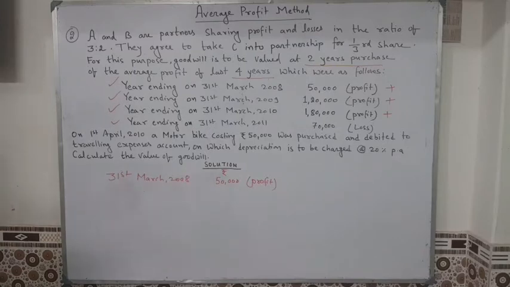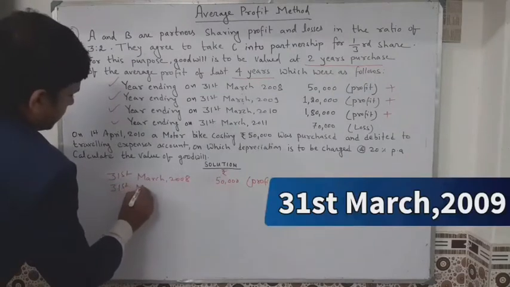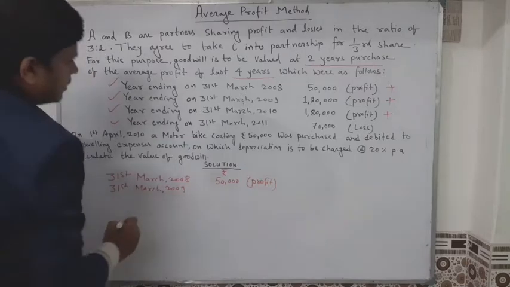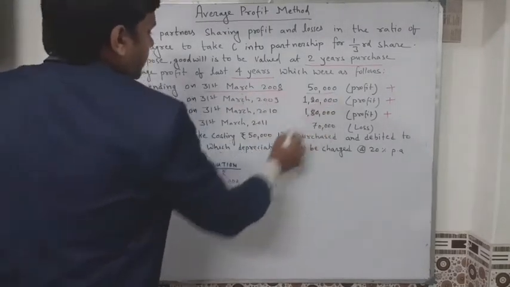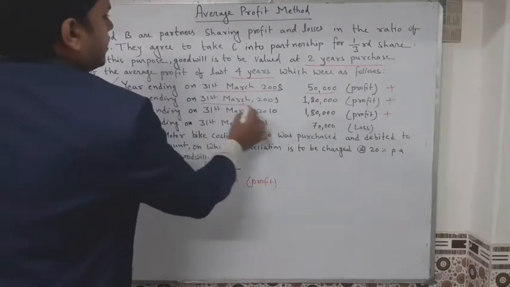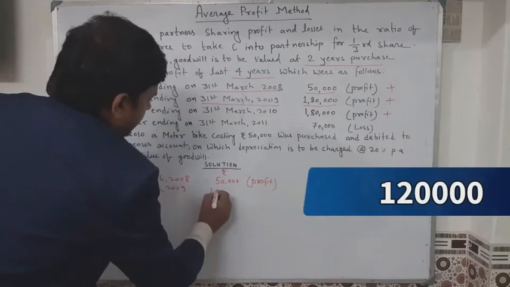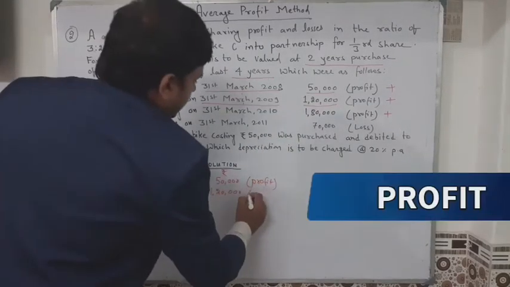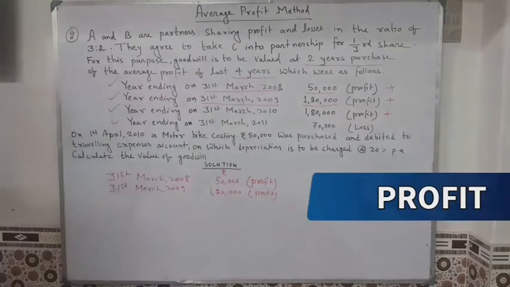31st March 2009, 1,20,000. So here you will write 1,20,000 profit.